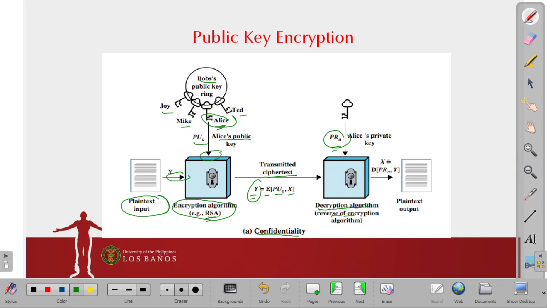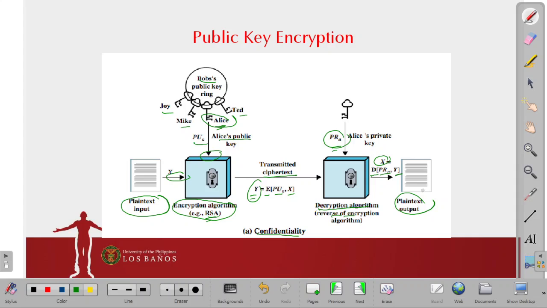So as you can see, to retrieve the plain text, we run the decryption algorithm using the private key of Alice and the ciphertext, and thus we get the plain text output.